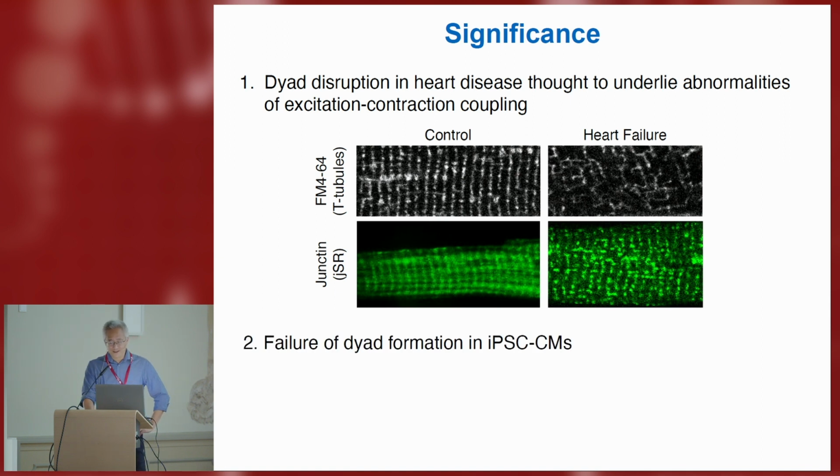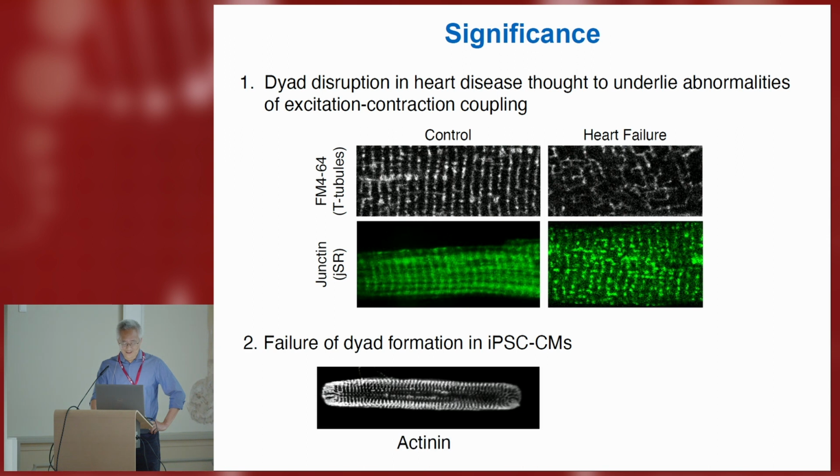Another reason is that iPS-derived myocytes, we are well aware, don't make T-tubules very well. But I think it's maybe less well known what happens to the junctional SR in iPS-derived myocytes.